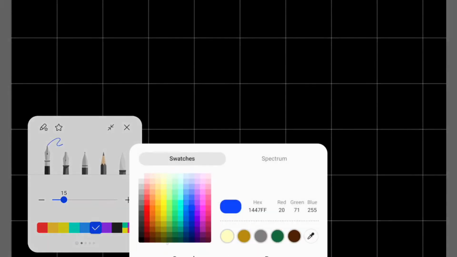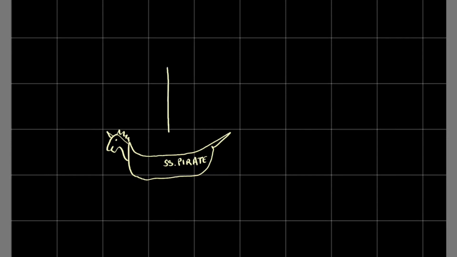Let's go back to the analogy we used in the last class. Let's say you are a pirate. Once again, you are a pirate. And this is your ship, your trusty brig, as I told you about in the last class, with a unicorn on the stern. Here's its eye, here's its horn, and this is the bow of your ship, and the ship is called SS Pirate, with a main mast.